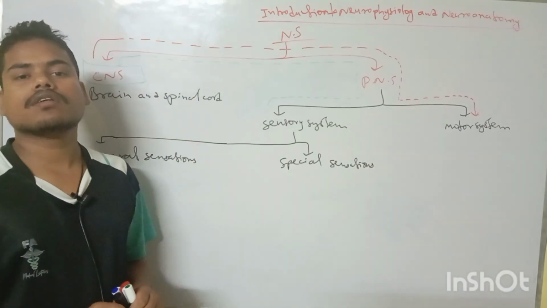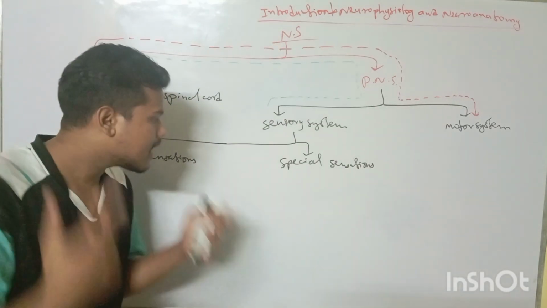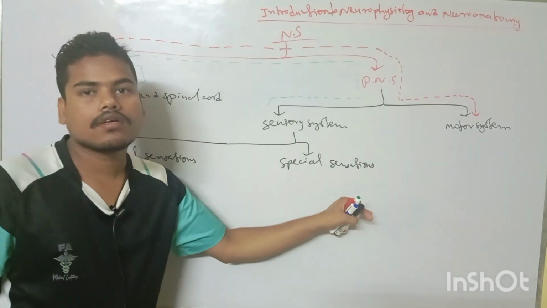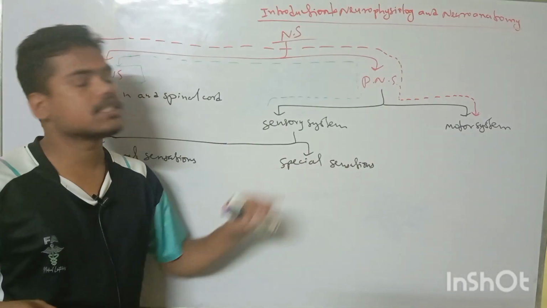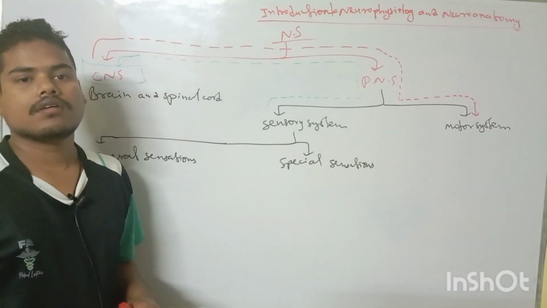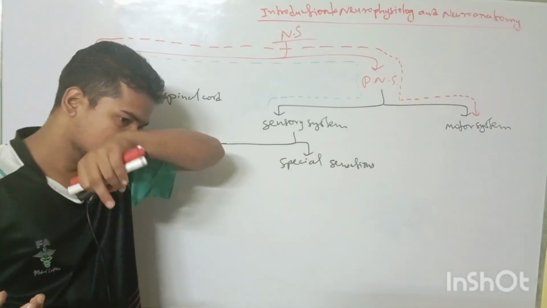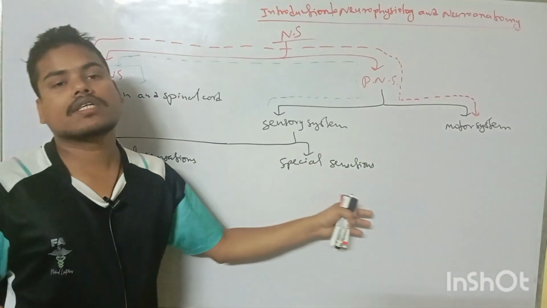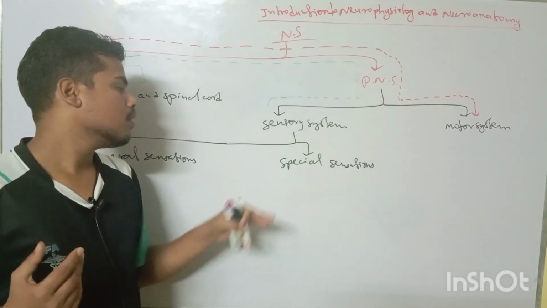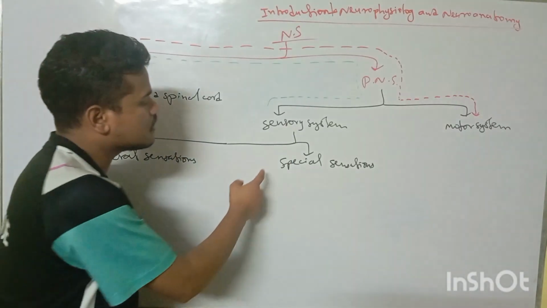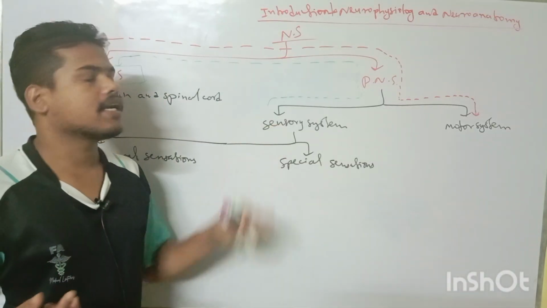Those sensations that are only carried by the cranial nerves are called the special sensations. It doesn't mean that a special sense cranial nerve doesn't carry general sensation or other sensations. No, but the specificity is that this sensation will be carried only by the cranial nerves.